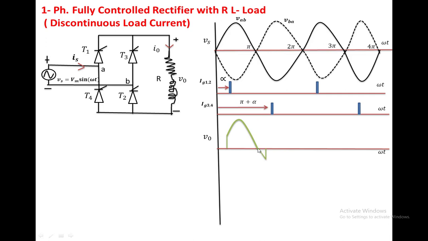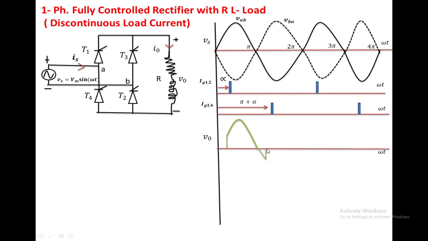In the case of a resistive load, the current would pass from the source through T1, the load, T2, and B, returning to the negative terminal of the source. Here, the inductance in the load does not allow sudden increase or sudden decrease of the current. So the current slowly increases to the maximum value, and again slowly decreases to the zero value at angle beta, nothing but at this point.